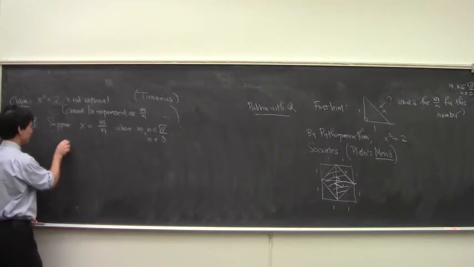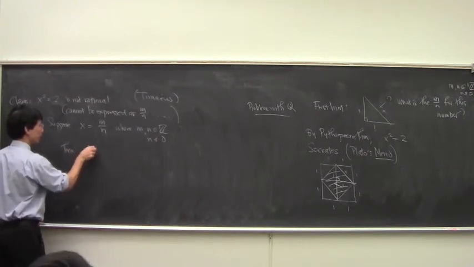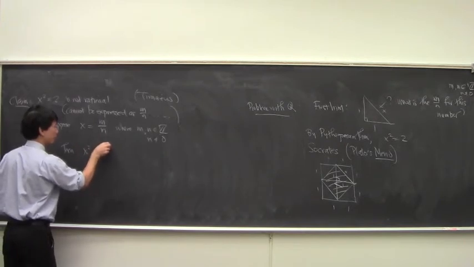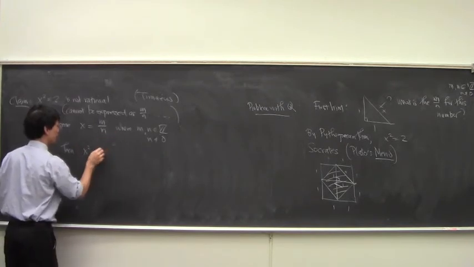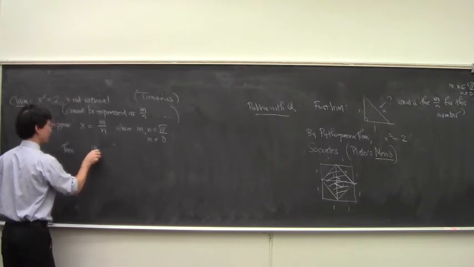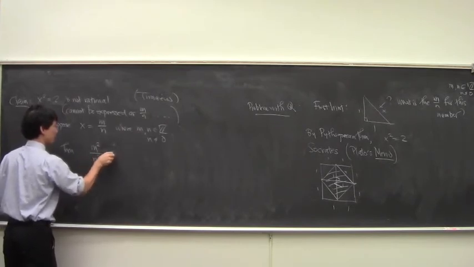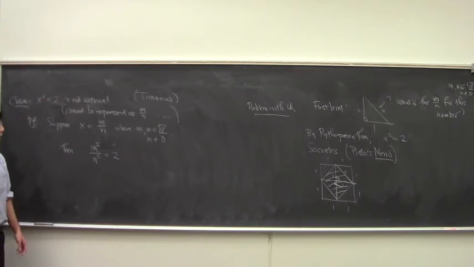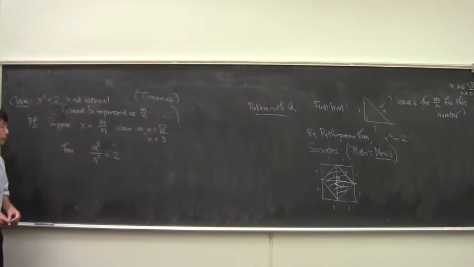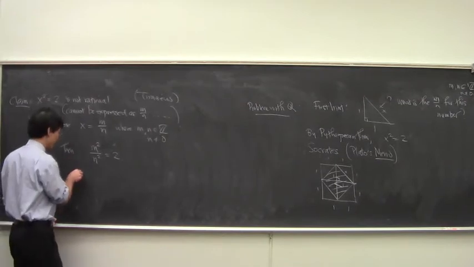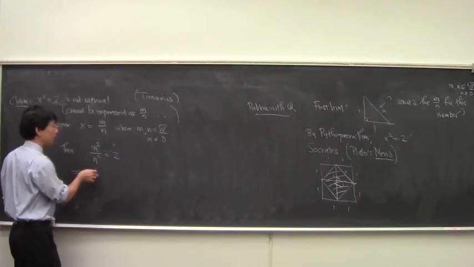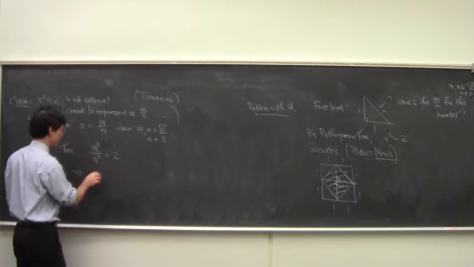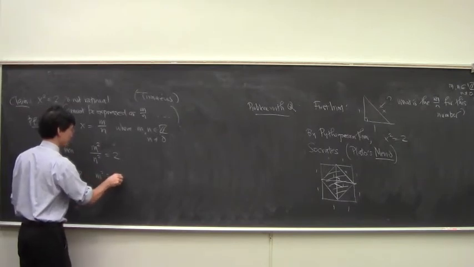In that case, either by the Pythagorean theorem or by this argument, we know that m squared over n squared equals 2, since x squared equals 2. And so we make a simple deduction that m squared is equal to 2n squared.